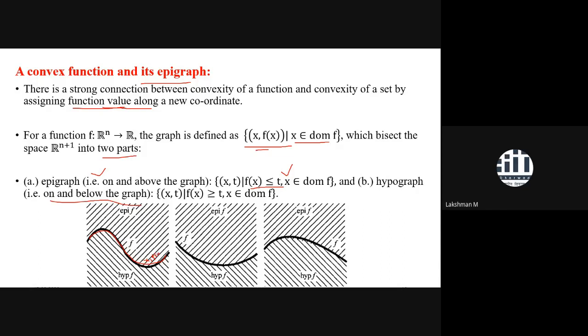The region which is on and above the graph, including the graph, we call the epigraph of the function, and the region on and below the graph we call the hypograph. So the hypograph we denote by HYP f, and the epigraph we denote by EPI f.